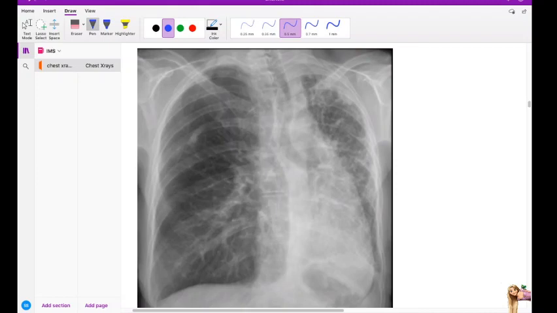So basically, there is fibrosis of the lung on the left side, and because of the fibrosis, the trachea is pulled towards that side. That's why it looks like this. It's deviated towards the left side. All right. There's some atelectasis also.